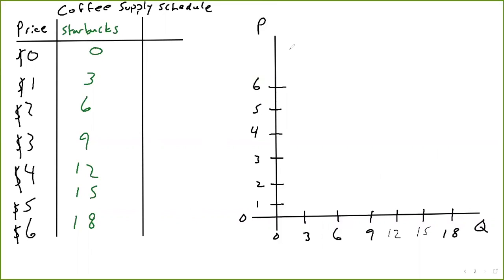And just like we can plot a demand schedule, we can also plot a supply schedule. We'll go 0, 0, 1, 3, 2, 6, 3, 9, 4, 12, 5, 15, and 6, 18.